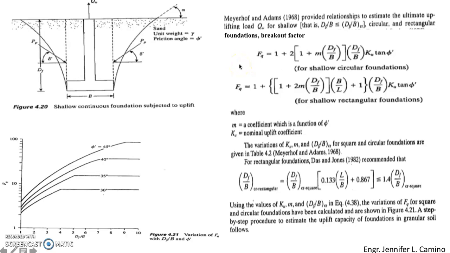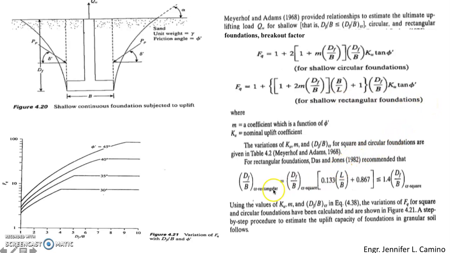We have here formulas that were provided by Meyerhof and Adams to estimate the ultimate uplifting load. We are given the breakout factor for shallow circular foundations and for shallow rectangular foundations.